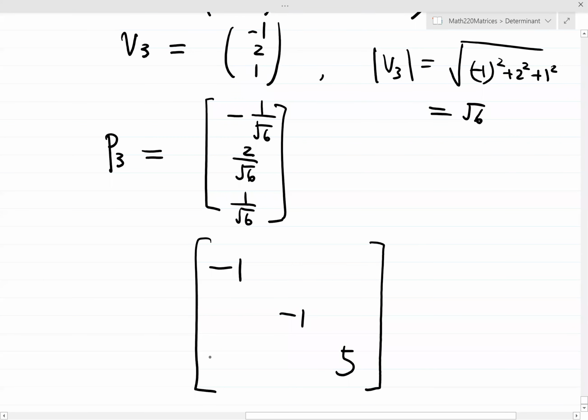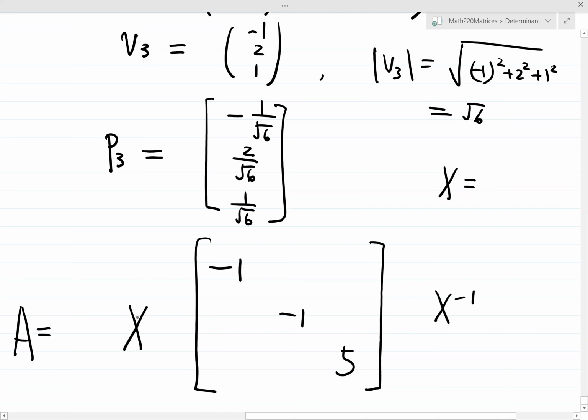Now remember the X matrix. We write X as 3 columns. Remember, A is X times the diagonal matrix times X inverse.